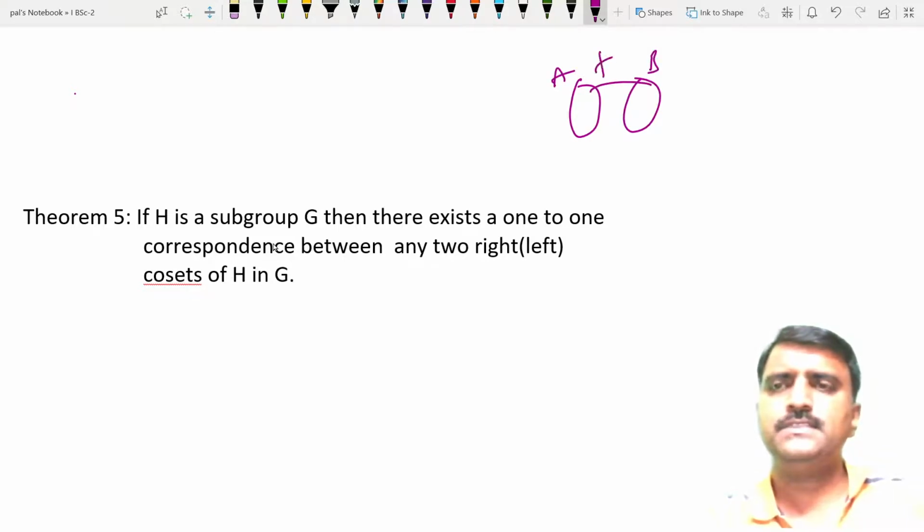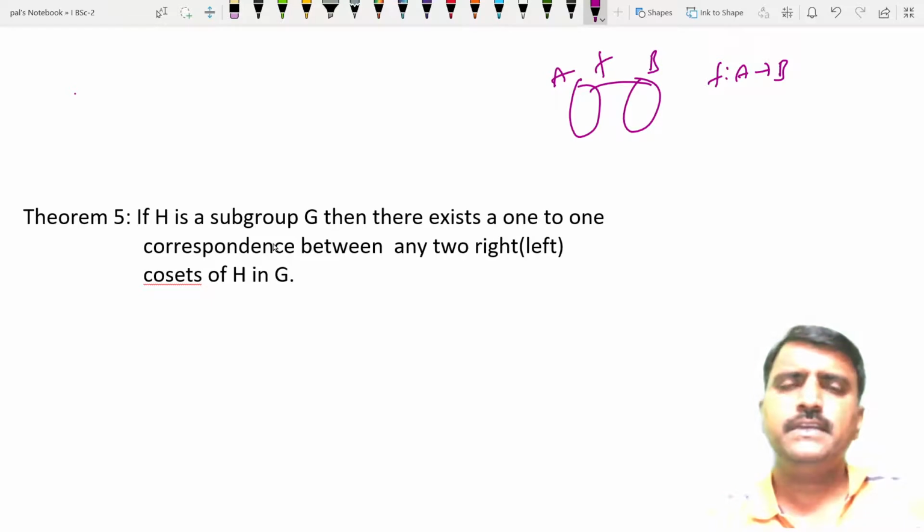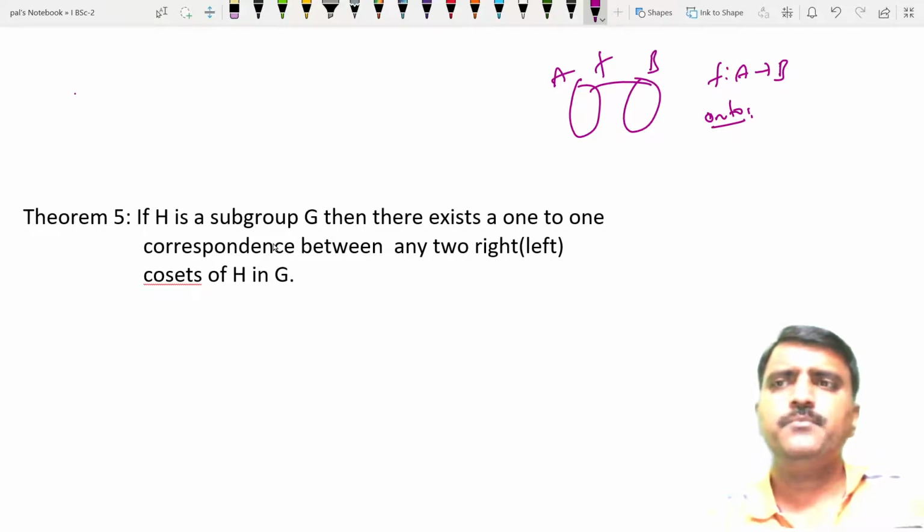F is a function from A to B. F is 1-1 only when each element of A has different images. And when you say onto, all the elements of B have pre-images in A.